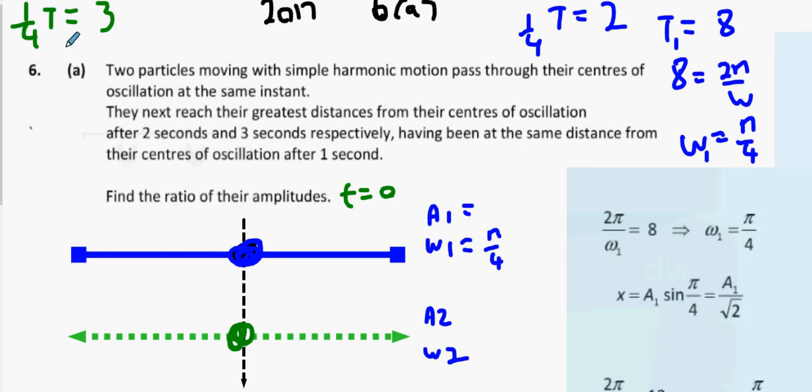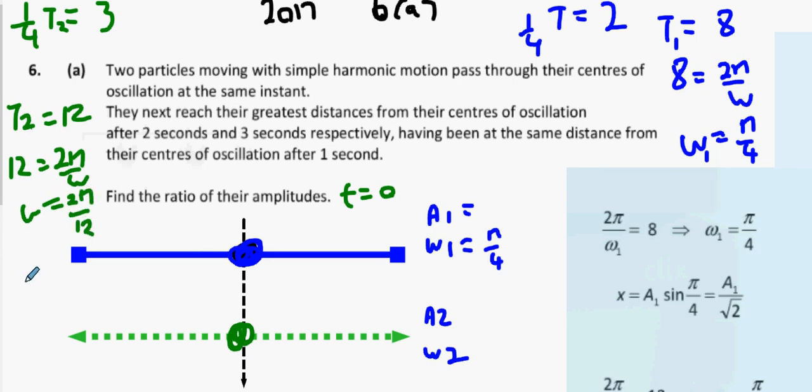So that means T2 is 12. Okay? And 12 equals 2 pi over omega. Omega equals 2 pi over 12. Omega equals pi over 6, in blue.